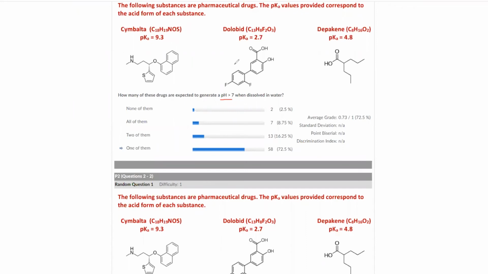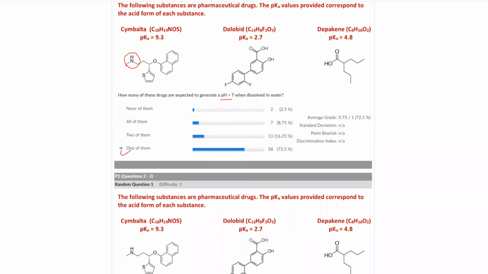The only base we have here is the first molecule, because of this amine group. Amines accept protons from water, generating OH minus ions, and that's why the pH is going to increase greater than 7 when you have a basic molecule like Cymbalta in water. Only one of them is the correct answer here.